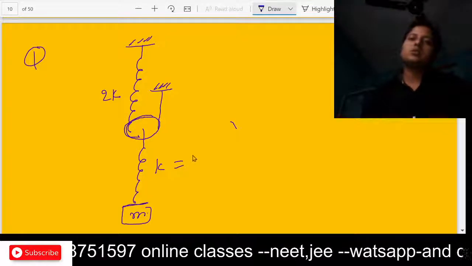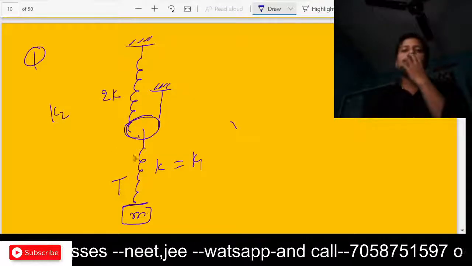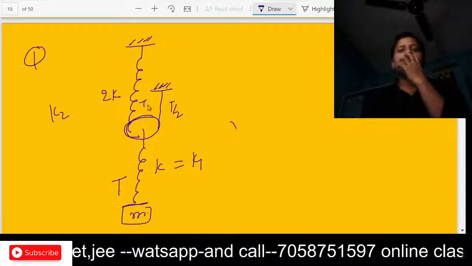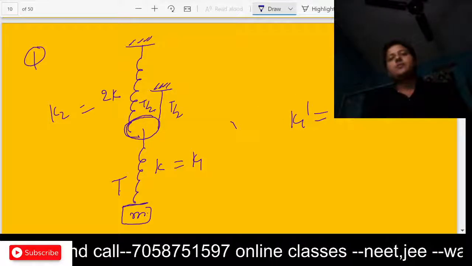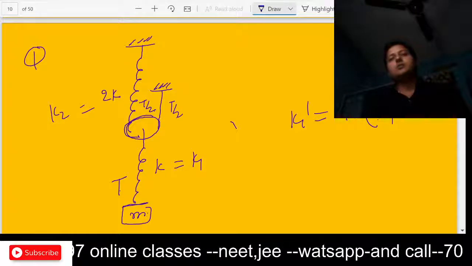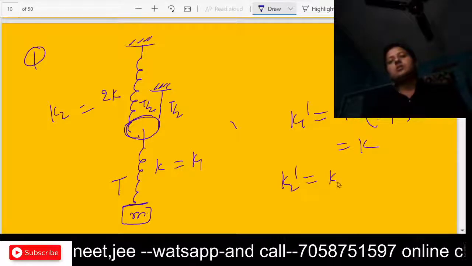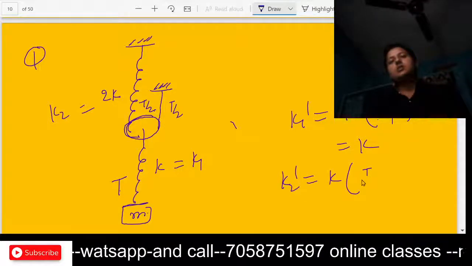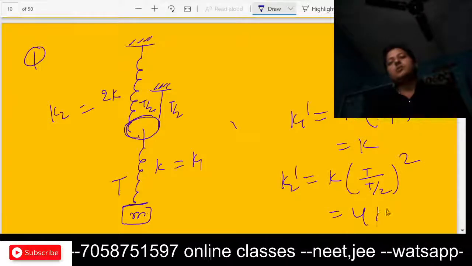Suppose this one is K1 and this one is K2. Here tension in mass is T and T is balanced by T by 2, T by 2. So what is K1 dash? K1 dash is K times tension in mass over tension in a spring, whole square, which means K. What is K2 dash? K2 dash is K times tension in mass over tension in a spring, whole square, that is 4K.